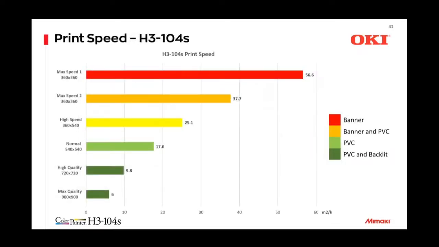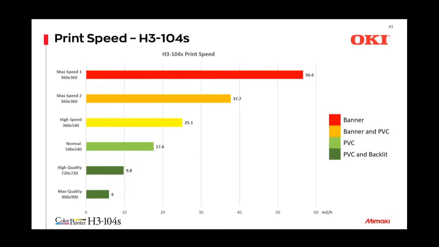All right, so let's have a quick look at production speeds on the H3. You can see we've got a top end speed of 56.6 at 360 by 360 DPI.